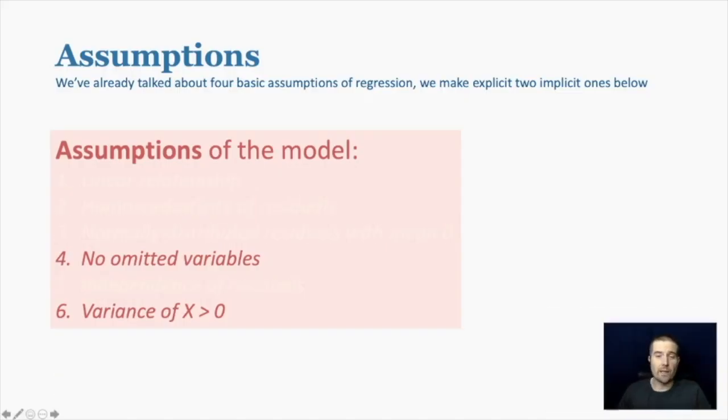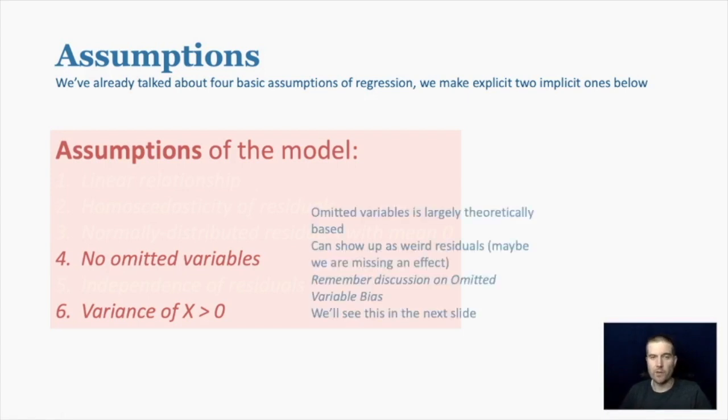All right, so as it comes to these two that we added, I just wanted to highlight a few things about them. First, the no omitted variable bias is largely theoretically based. It can show up as weird residuals, like maybe we're missing an effect like a quadratic effect. But remember that this is really based on theory.